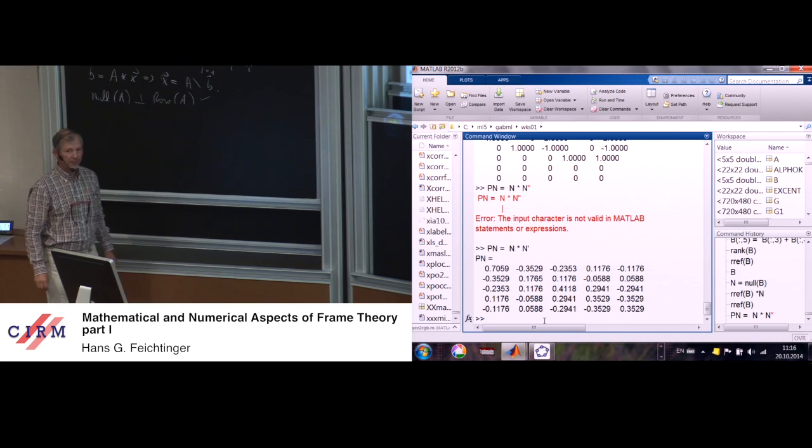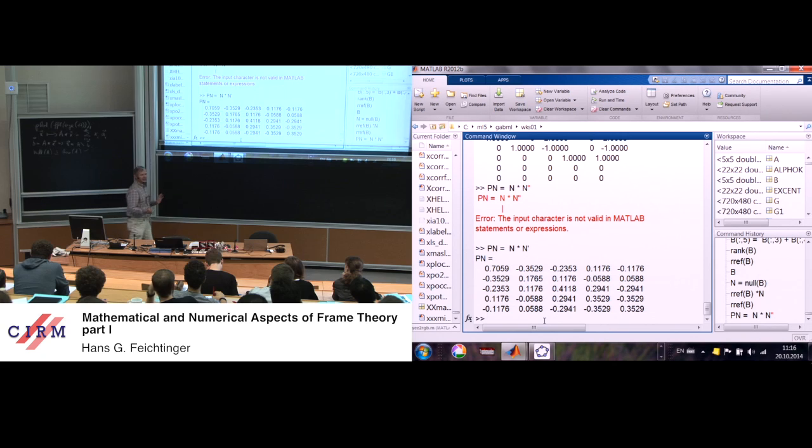MATLAB is a program which allows you to do matrix multiplication a priori. And you have, of course, also strings to write letters or comments, titles and so on. It doesn't even have matrix vector multiplication because you don't need it.